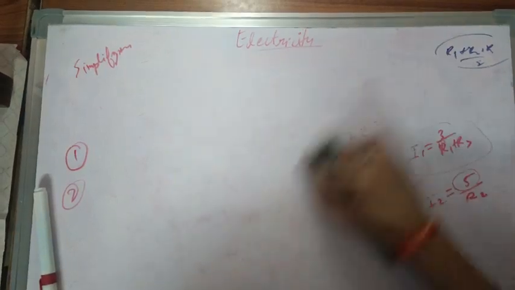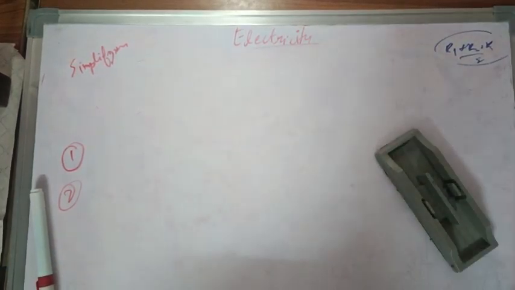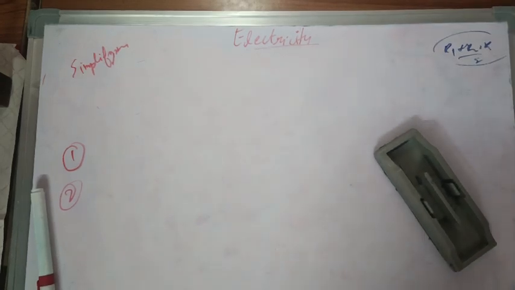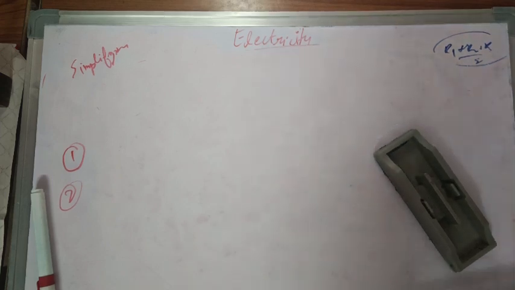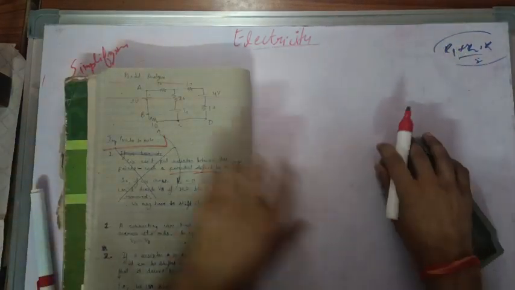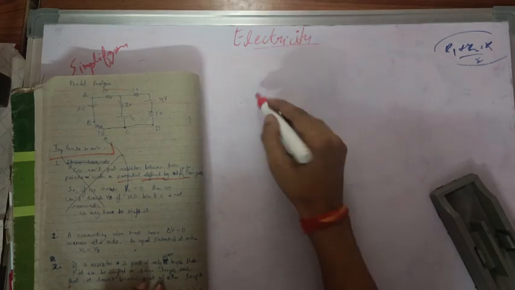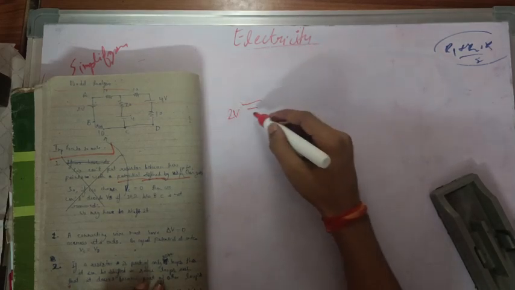Now taking another example in case of nodal analysis. Let's say this is the question here. The question is given like, there is a cell here with 2 volt.